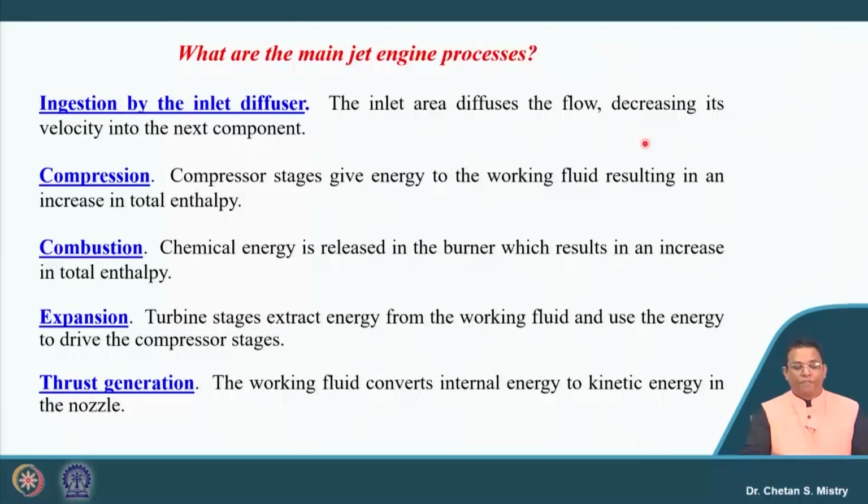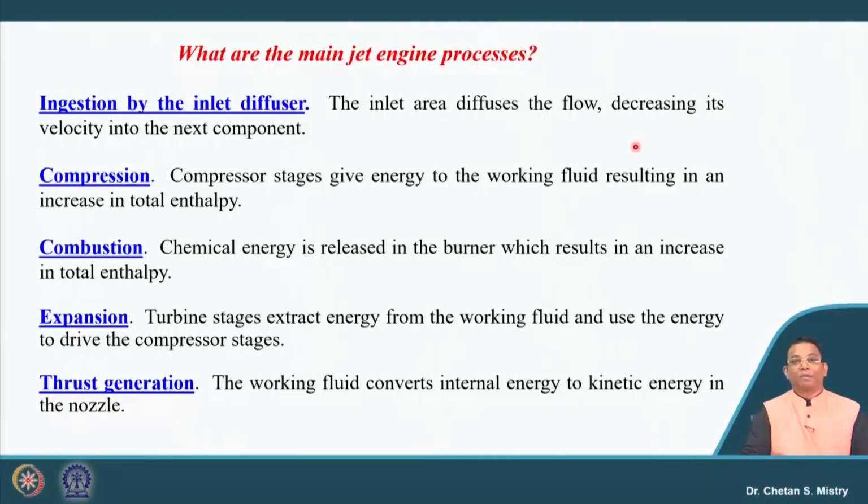So overall, if we try to look at the use of these components: in the intake diffuser, the inlet area diffuses the flow and decreases the velocity. That's what is required for the next component. The compressor gives energy to the working fluid, and that increases my total enthalpy.